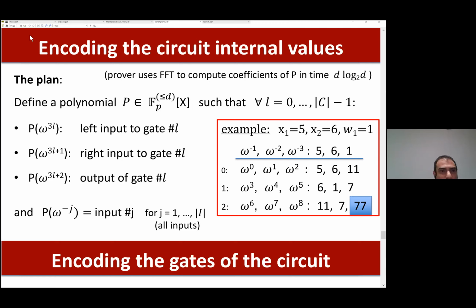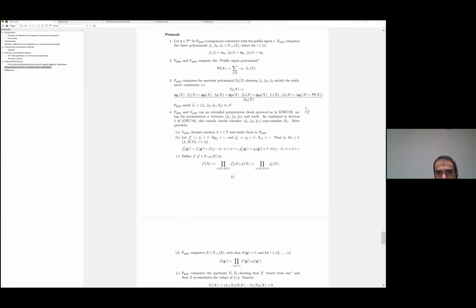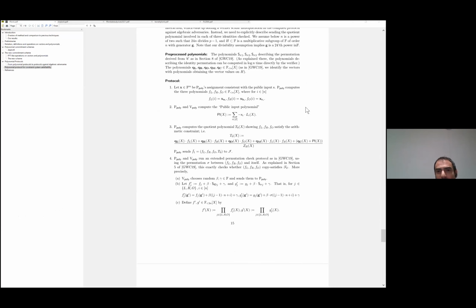To exemplify this, let me briefly show you directly on the fflonk paper, and at the same time show you how we use this scheme to get our final verifier-efficient SNARK.